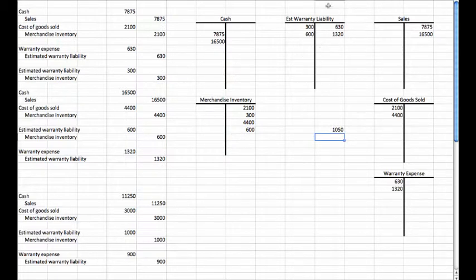But because this is when they started it, we do know that the 1,050 is the ending balance for 2007 or the beginning balance in 2008. When we close out our books, sales will go to zero, cost of goods sold will be zero, and warranty expenses will be zero. So go ahead and try 2008 by posting these transactions here and see if you can determine how much is the warranty liability and how much is the warranty expense for the next year.